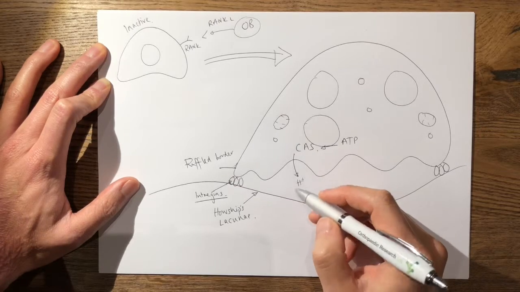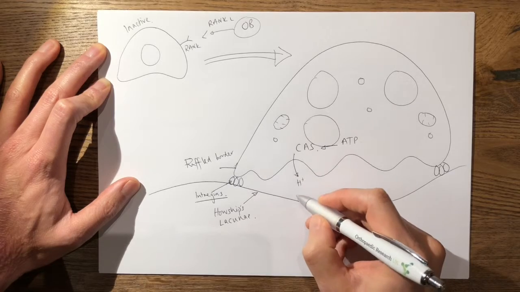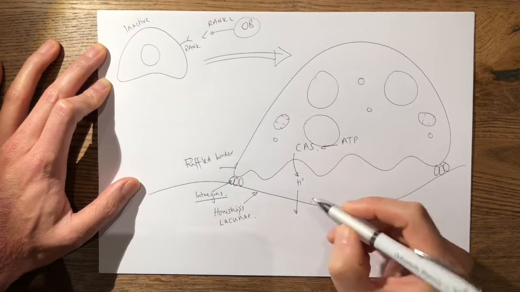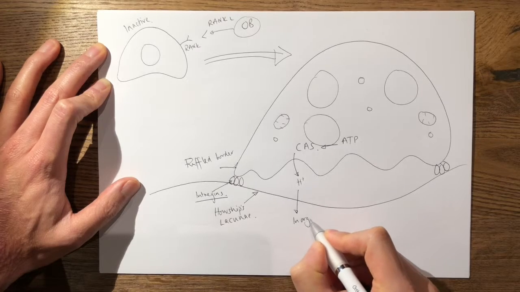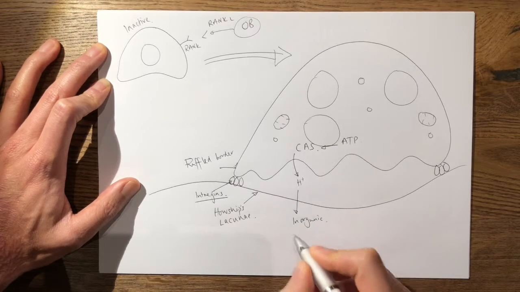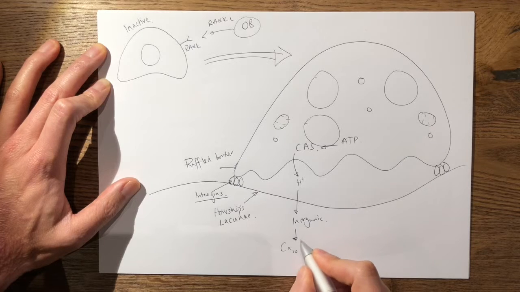It's the hydrochloric acid and the reduced pH of this environment which dissolves the majority of the inorganic matrix of the bone. And from my previous video, as you know, the inorganic matrix is mainly derived of hydroxyapatite.